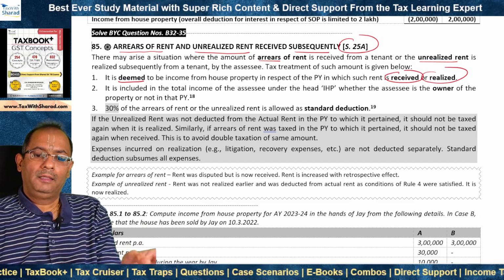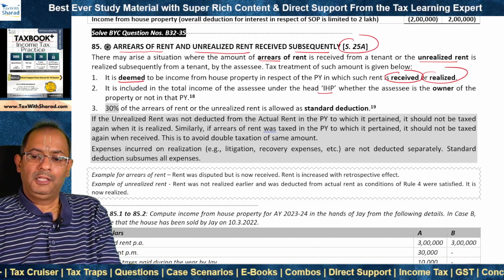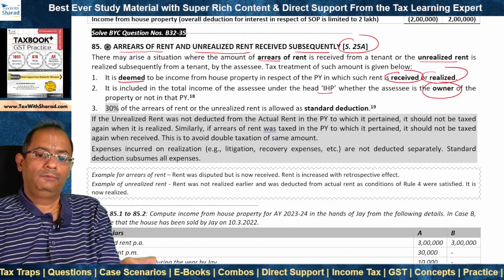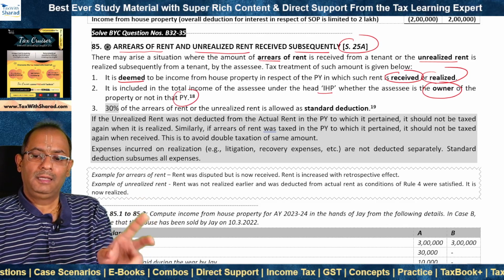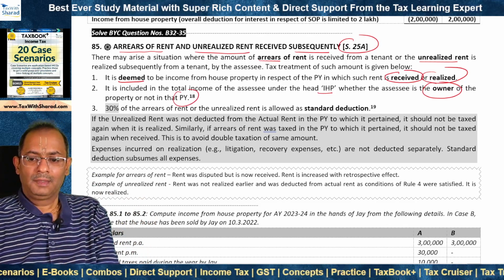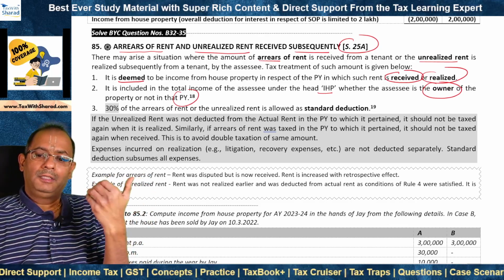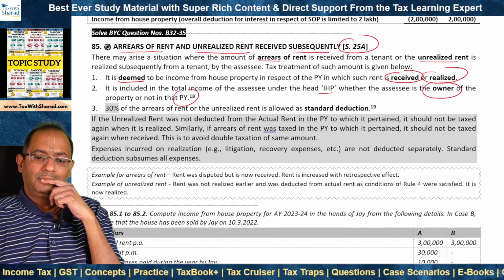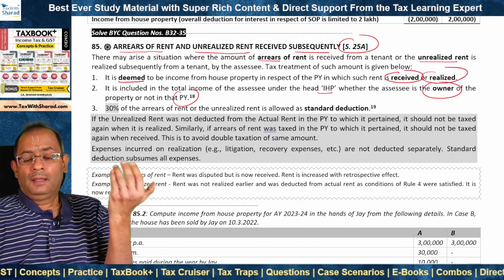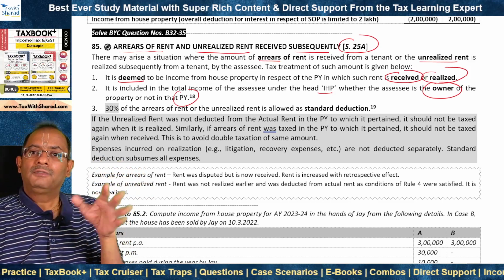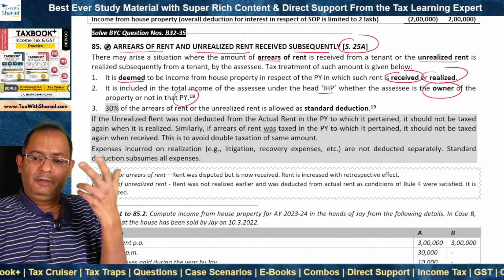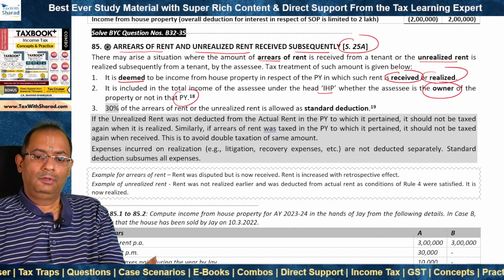And it is included in the total income of the assessee under the head IHP, whether the assessee is the owner of the property or not in that previous year in which it is received or realized. So it may well be the case that such realization or receipt may happen a long time afterwards, right? And the assessee may have transferred the house property to someone else, with the effect that the assessee is no more the owner of the house property.